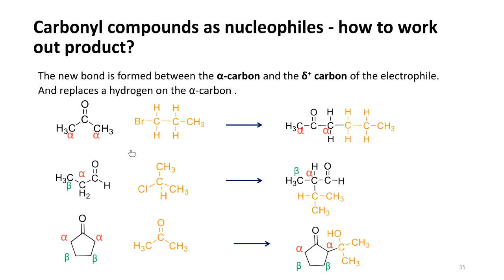So acetone or propanone has 2 alpha carbons. So the carbanion can be found on either of the carbons. It acts as a nucleophile, and we can have a substitution reaction with the bromine. Similarly, here in the aldehyde, propanal, the carbon that is attached to the carbonyl carbon is our alpha carbon. So we'll form a carbanion here. And again, it can act as a nucleophile and substitute for the chlorine.